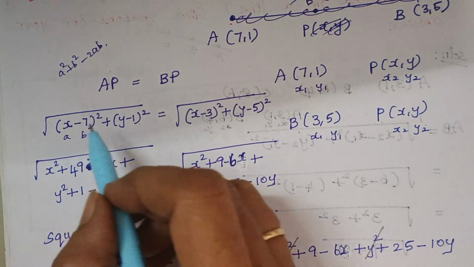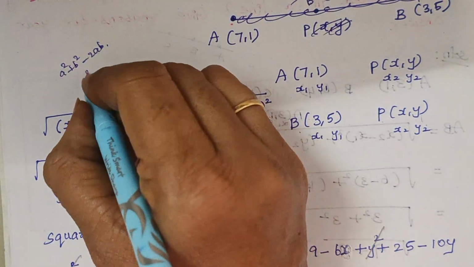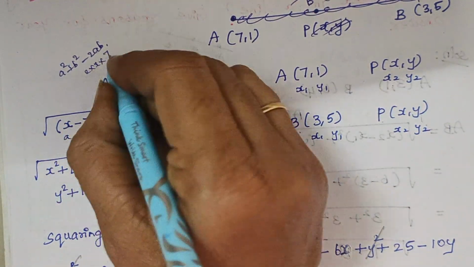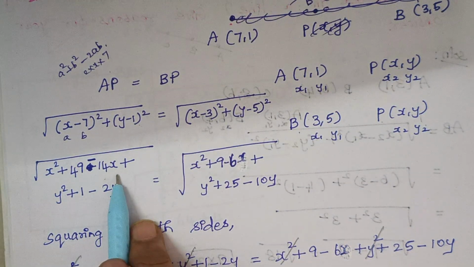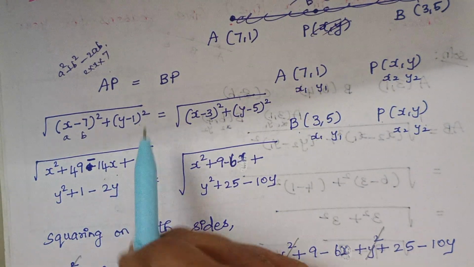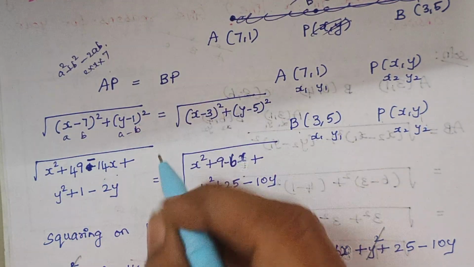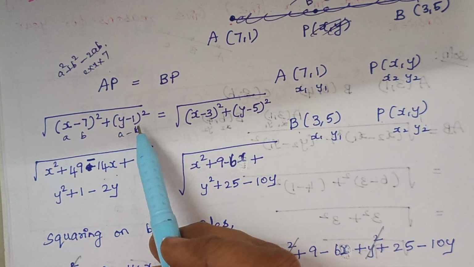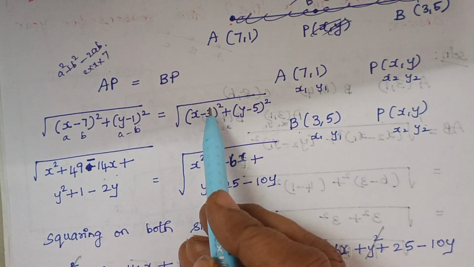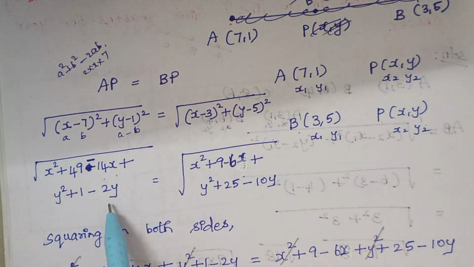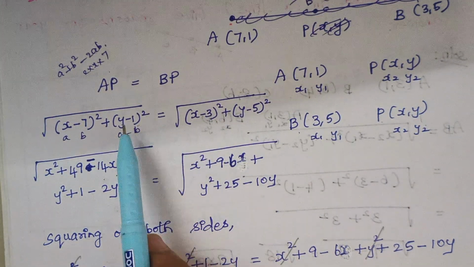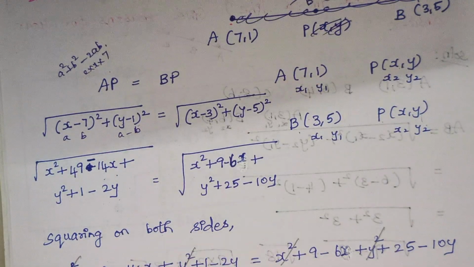So 2 into x into 7. 7 2s are 14, and so here I have minus 14x plus again the same thing. This is (a minus b) the whole square. So a square plus b square minus 2ab. So minus 2 into y into 1, it is minus 2y.